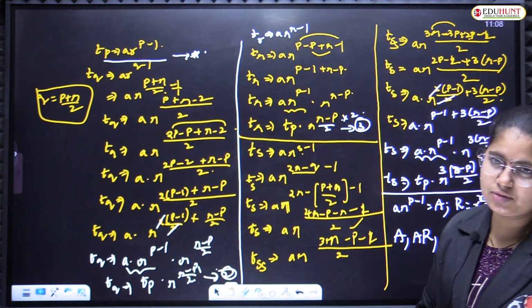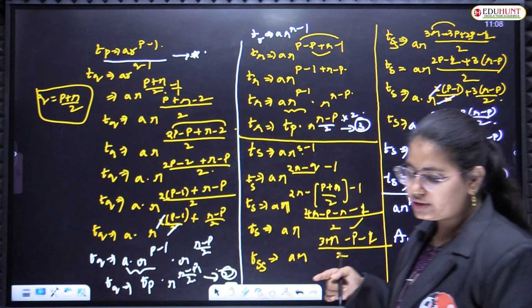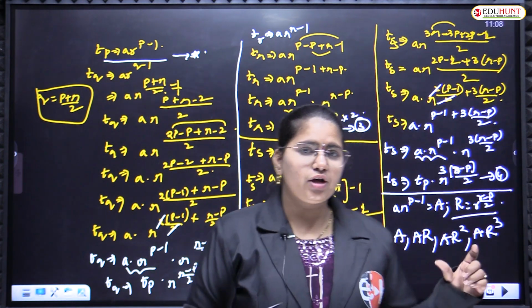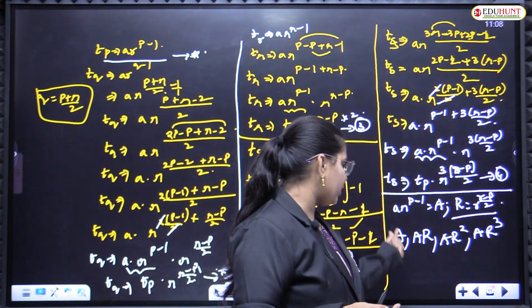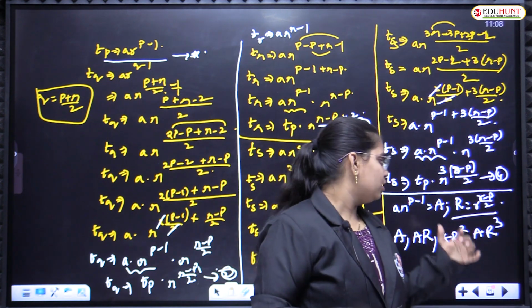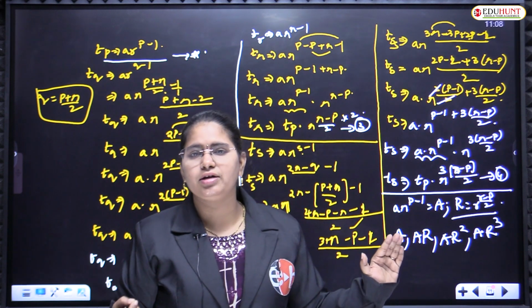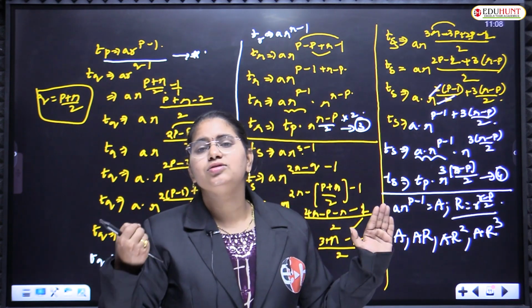So, what are the terms we got here? P, Q, R, S. If these 4 terms are in GP, we converted in the form of A, AR, AR square, AR cube. So, all these 4 terms are clearly representing terms in a GP.